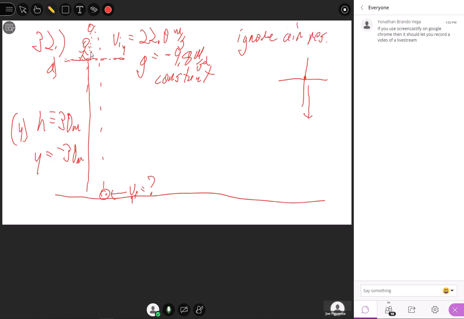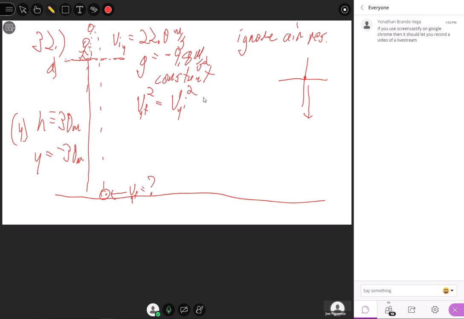So there's a couple of different equations we can use here. The most convenient one to use is this one right here: v final squared, and of course that's in the y direction, is equal to v initial in the y direction squared. Now I can write it one of two ways.